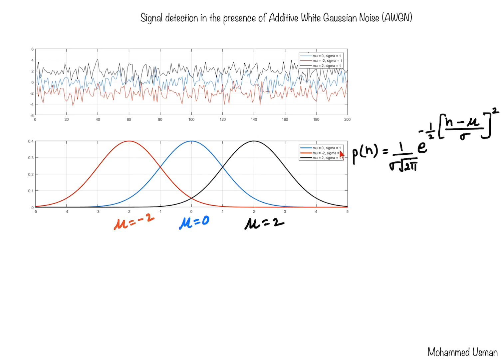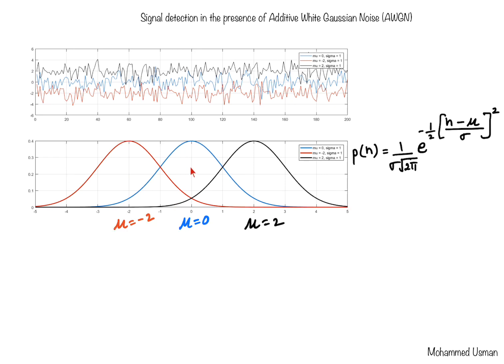All of them have the same standard deviation, and that's why the width of all of these PDFs is the same, right? Another observation you need to make here is that the Gaussian PDF is symmetric about the mean value. If you take the mean value as the central point, then the left hand side and right hand side about the central value are mirror images.